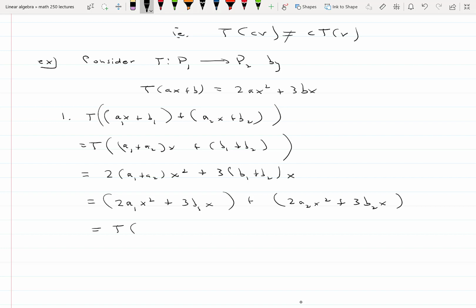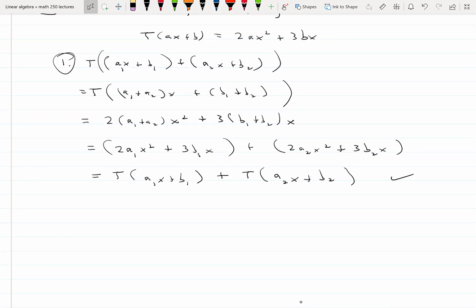And that is T of a1x plus b1 plus T of a2x plus b2. So one holds. We got one holding true. So check. You don't have to put a check if you don't want. You just move on to the next one.